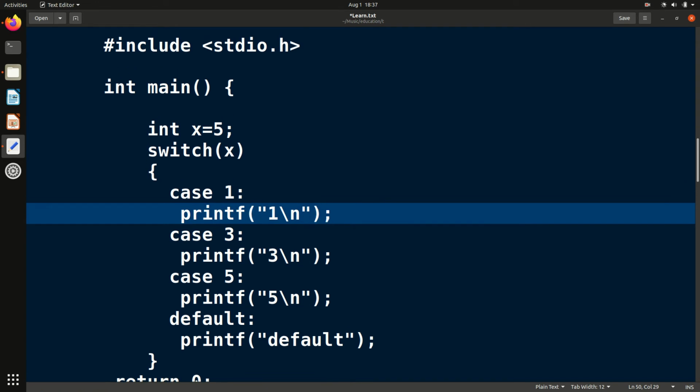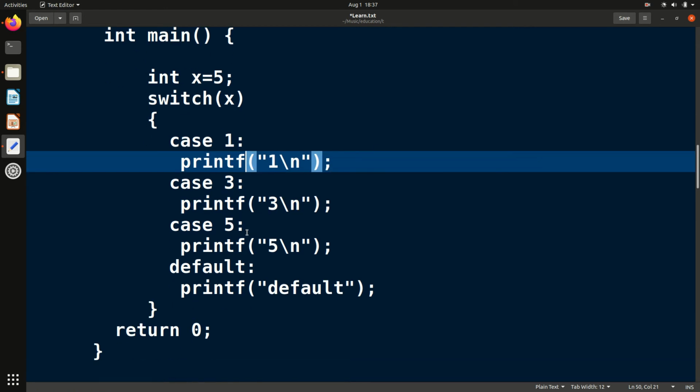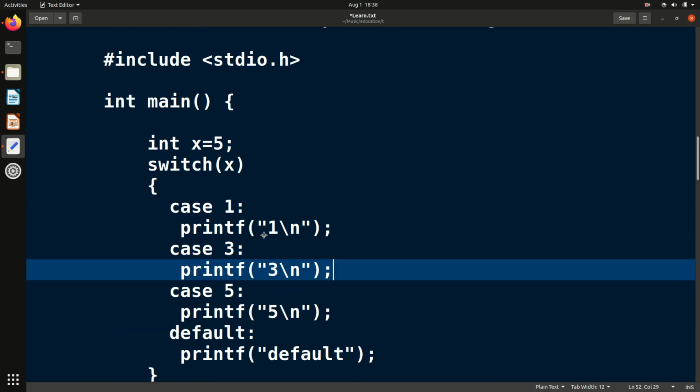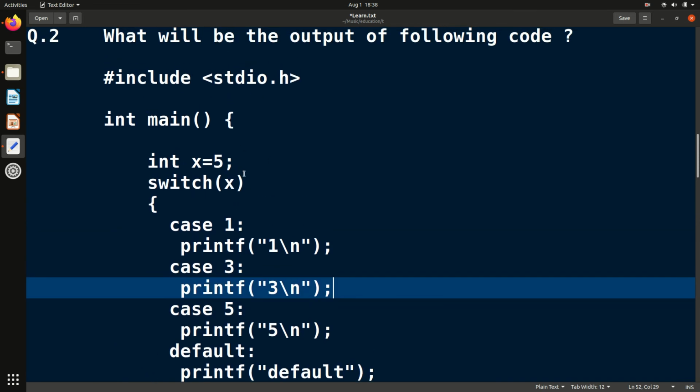Okay. So these things you have to keep in mind. This is programming questions. Even a slight mistake will be a mistake. Okay. So suppose there had been like print only, so it will also throw error. So all these things you have to keep in mind. Okay. You do not have to assume that it might be by mistake. You have to assume whatever has been written to be true.